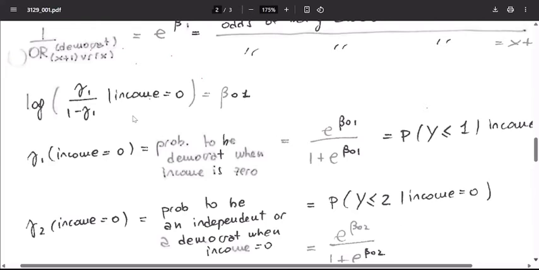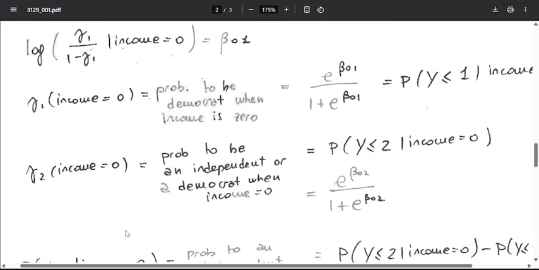Now, when income equals 0, you have the model to be that. We did it the other time. When income equals 0, the probability of being a Democrat, when you plug that in, is the same thing as the probability of Y less or equal to 1.